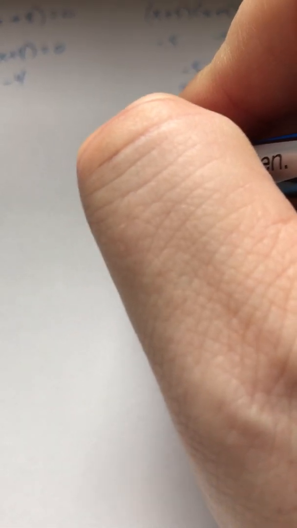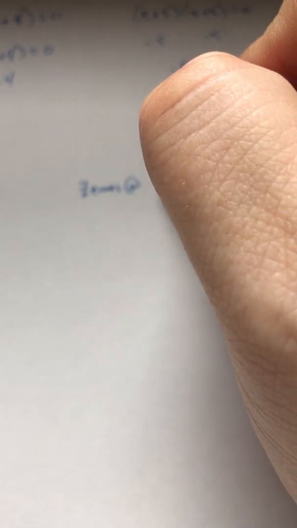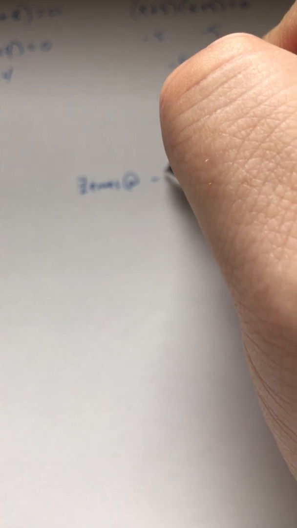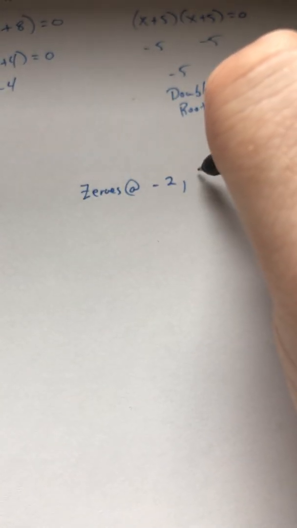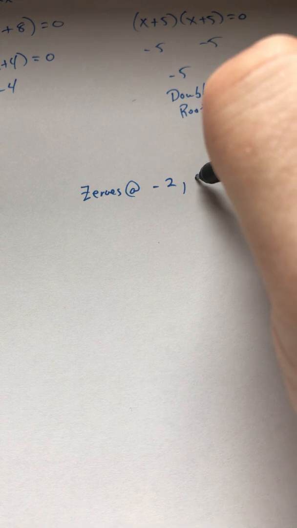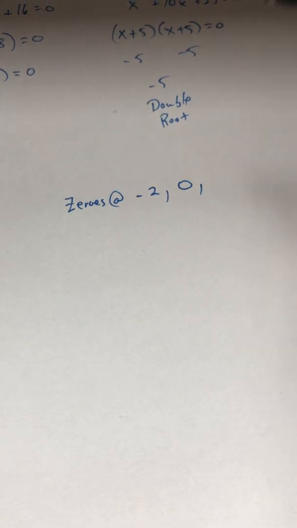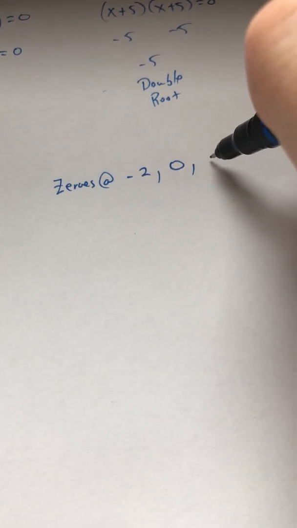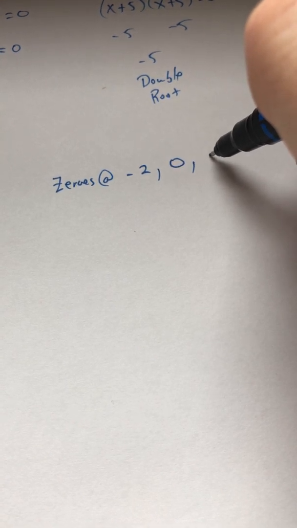Another concept. Let's say we have zeros at negative 2, 0, and then let's say 1 is a double root.